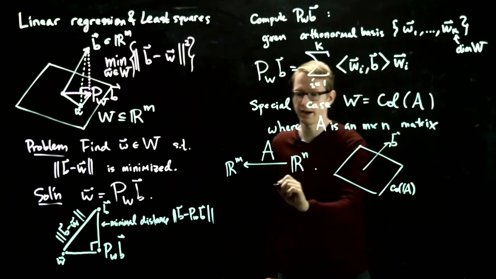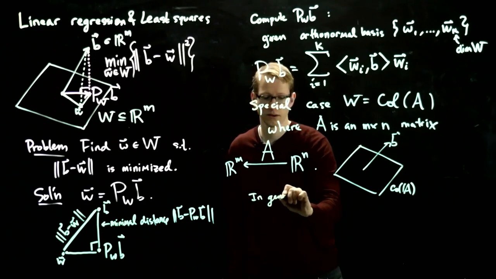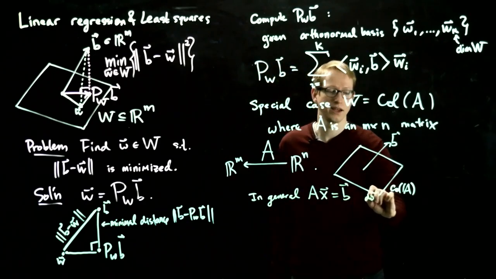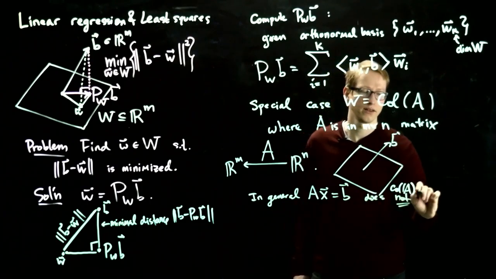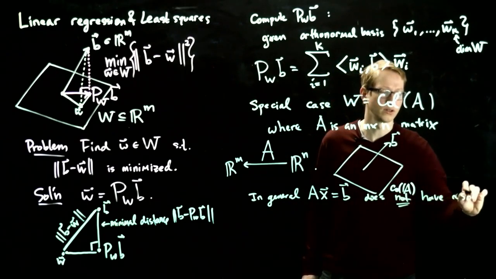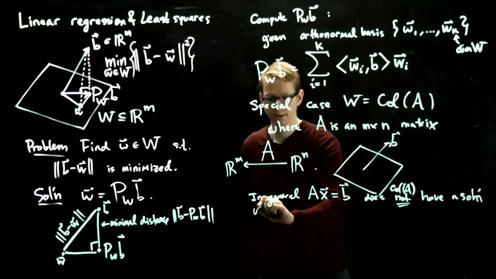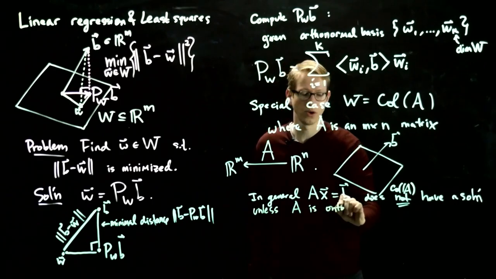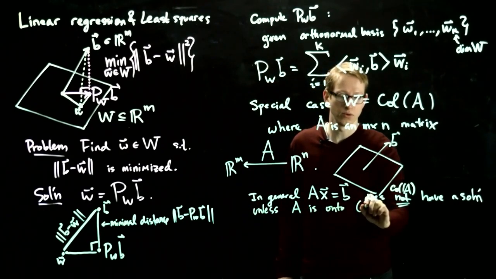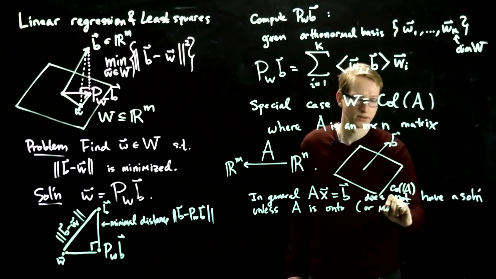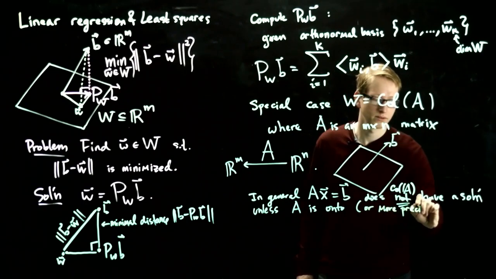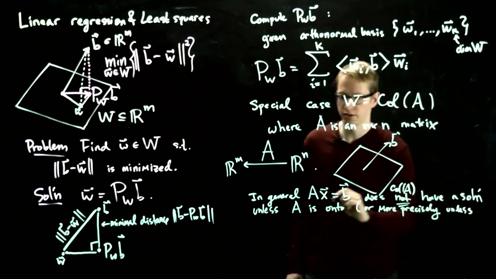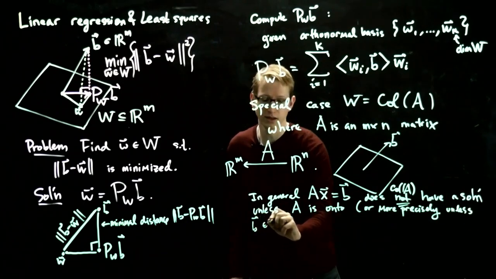What this means is that the linear system Ax equals B does not have a solution, unless A is onto, or more precisely, unless the vector B is in the column space of A.